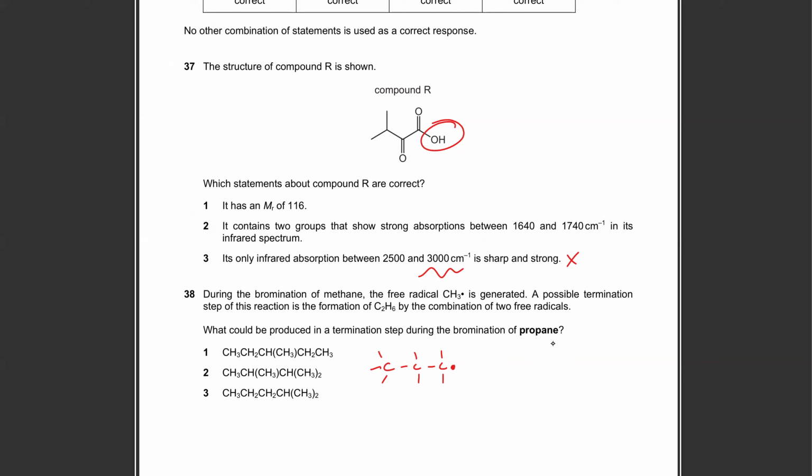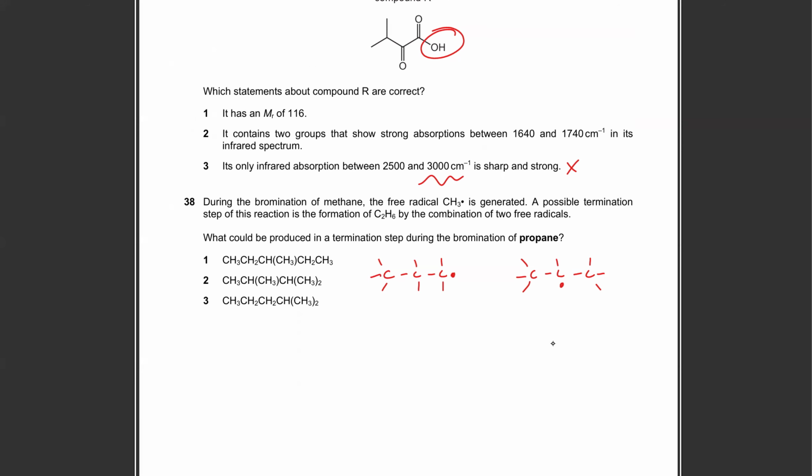Is it 2? Yeah, two. Either the H is missing at the end, or the H is missing in the middle. So those are the two possibilities. Now tell me what combinations could be produced?